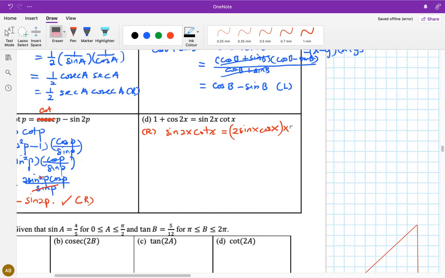I use a bracket to differentiate, as there are two terms there. So here is cos x over sine x. Cannot write properly. So here is cos x over sine x, so you can cancel out sine and sine.